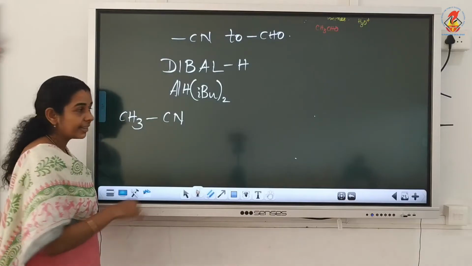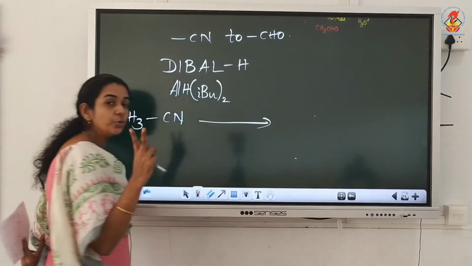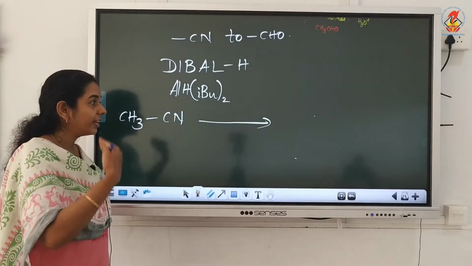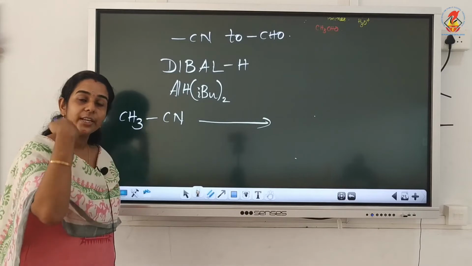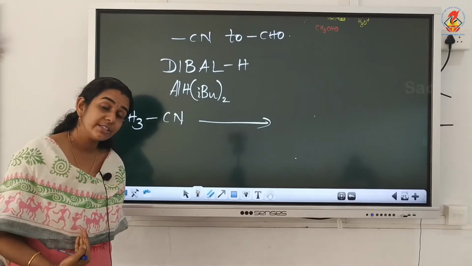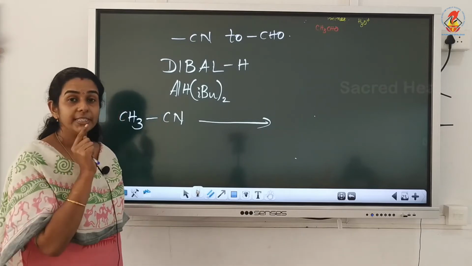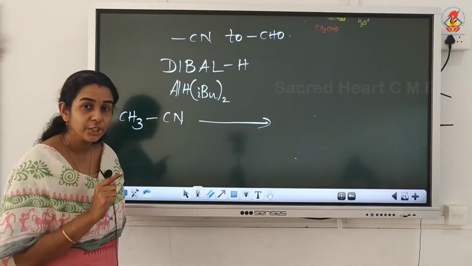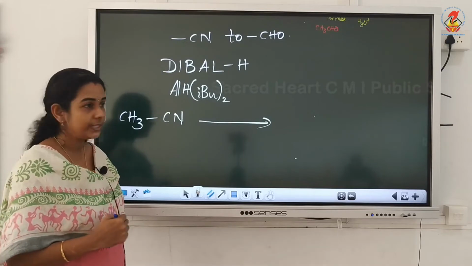If we are doing the reaction in 2 steps, first treating with one reagent, followed by another reagent, how do we write it in organic chemistry? We represent reagent 1 and reagent 2 above and below the arrow, isn't it?